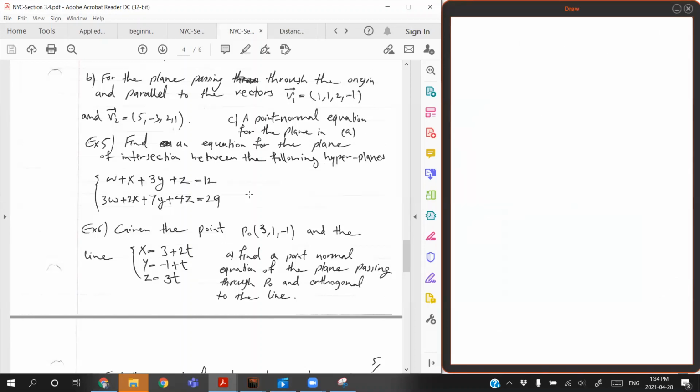So I just need to write the augmented matrix: 1, 1, 3, 1, 12; 3, 2, 7, 4, 29. And then I can use Gauss-Jordan elimination.